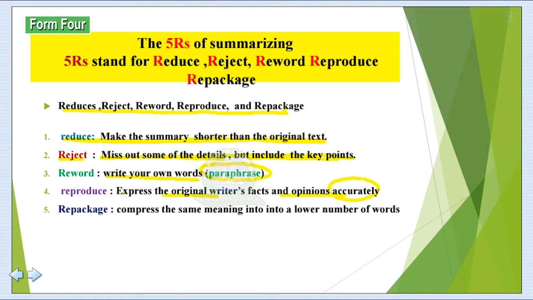The writer had an opinion and facts, so you're going to take those facts because it's necessary for you. Okay, repackage. What about repackage? Compress the same meaning. Do not lose the meaning, because the original text and your summary should be similar in meaning or the same meaning.